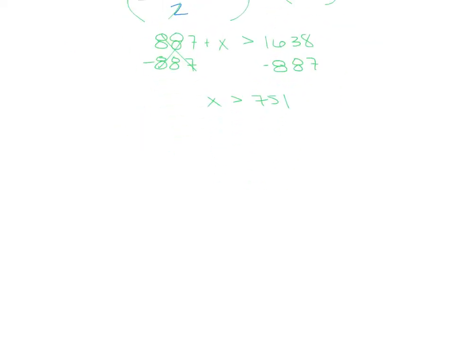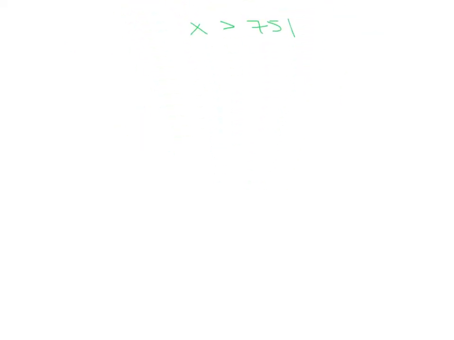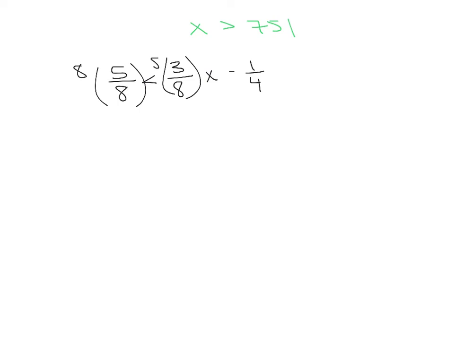So the first one is 5/8 is less than 3/8 X minus 1/4. And this is one where we say, okay, the least common denominator of 8 and 4 is 8. So I'm going to multiply each one of these by 8 to make my life easier.